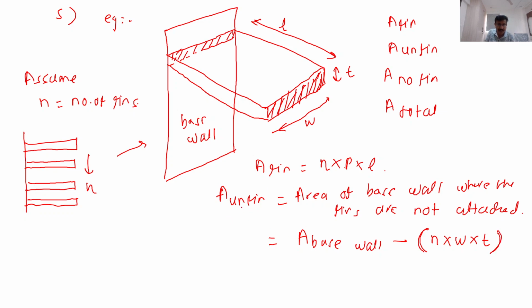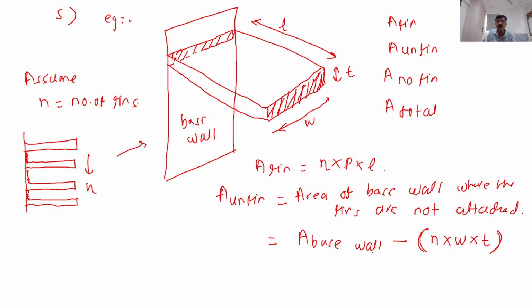So what is unfin area? Unfin area means the area which is in between two consecutive fins, where the fins are not attached. So where is the area? This area. You can see this area, the area between two consecutive fins.